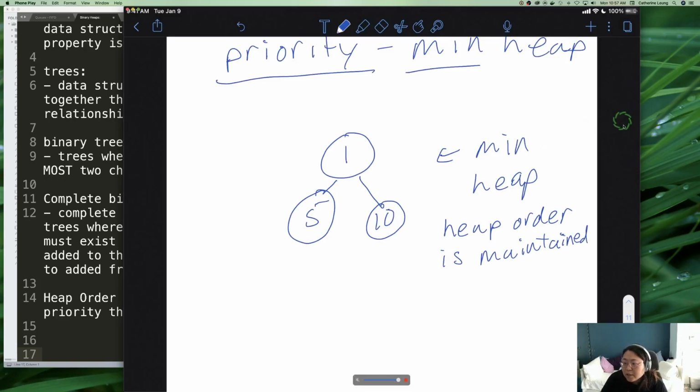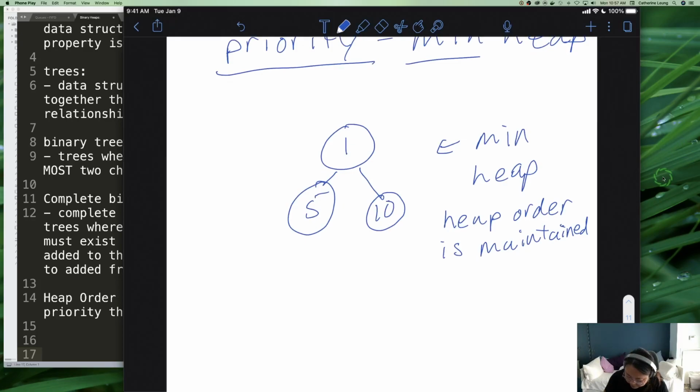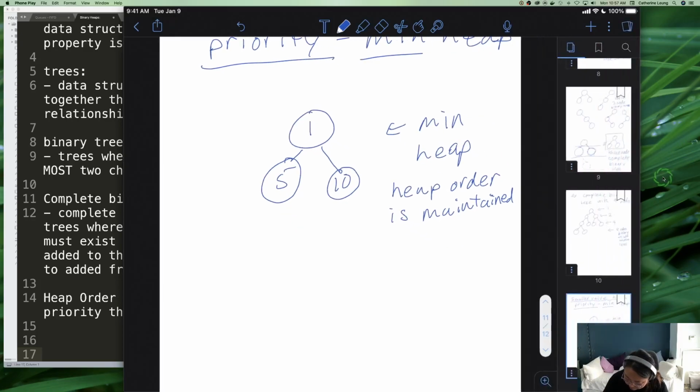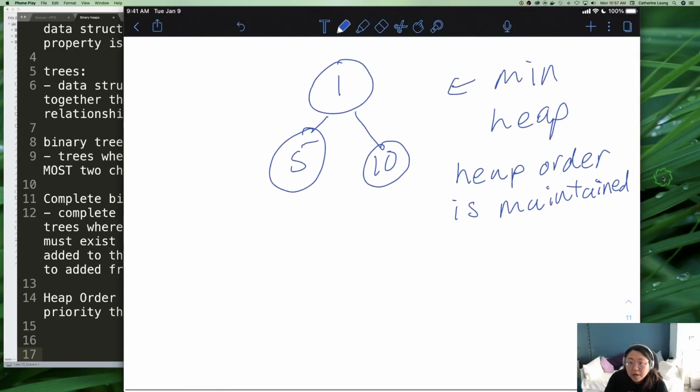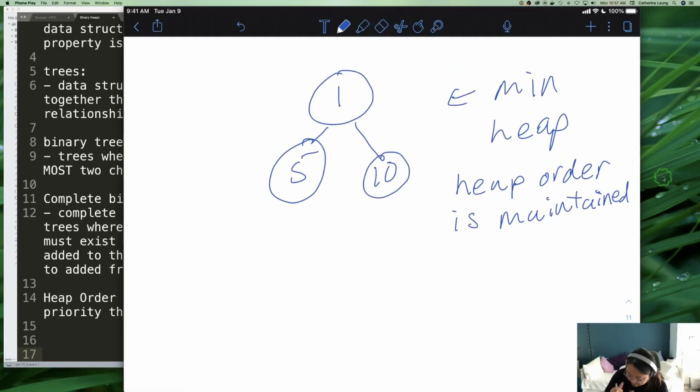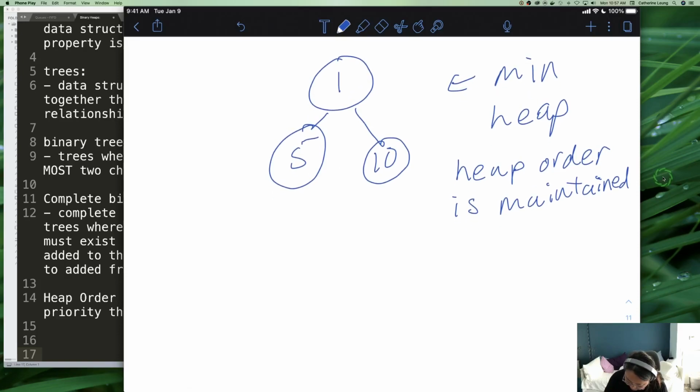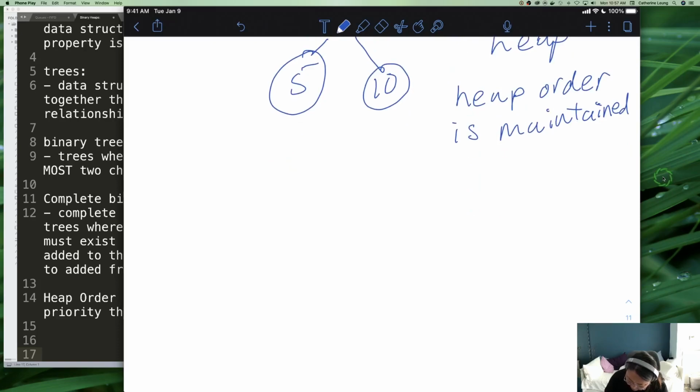But not only does it maintain heap order, this particular object maintains heap order, sure, but it's actually more than just this. So something else to keep in mind for heap order is the following.